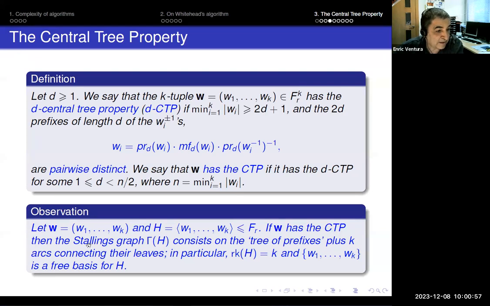Okay, and a very easy observation is that whenever the tuple of generators has this central tree property, then the Stallings graph is going to be very, very simple. It's going to consist just of the tree of prefixes.